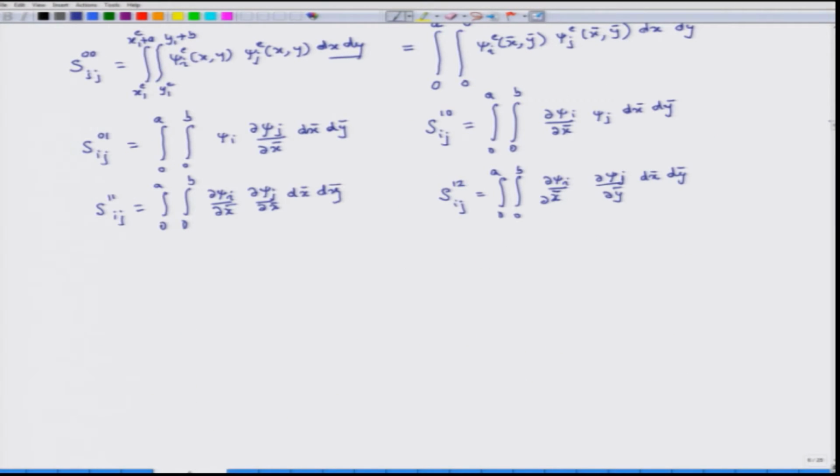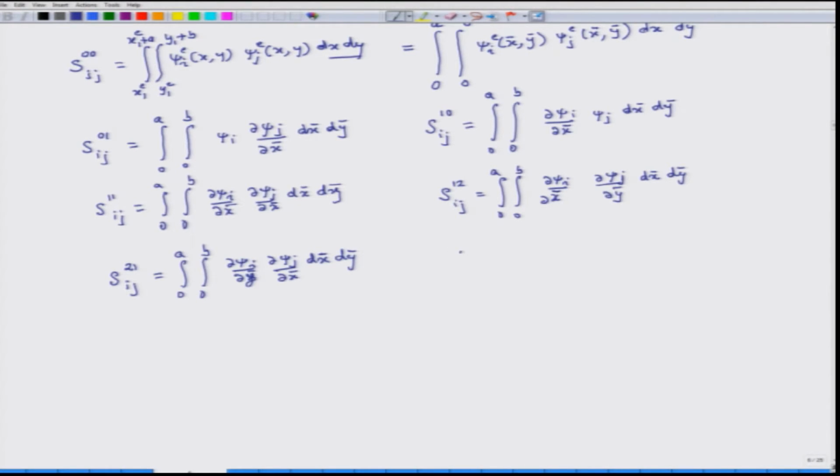And I have two more expressions, S21, that equals the integral from 0 to A, 0 to B, of the derivative of psi i with respect to y bar and the derivative of psi j with respect to x bar.